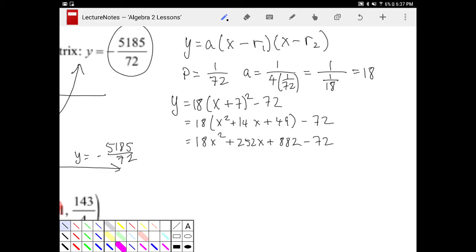Minus 72. And we're almost there, I promise. So we get 18x squared plus 252x, and then 882 minus 72, so that's plus 810.